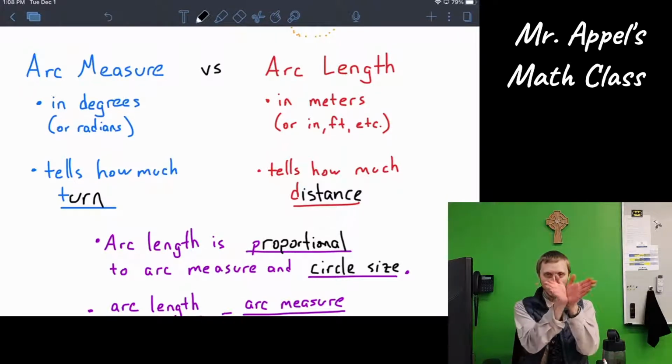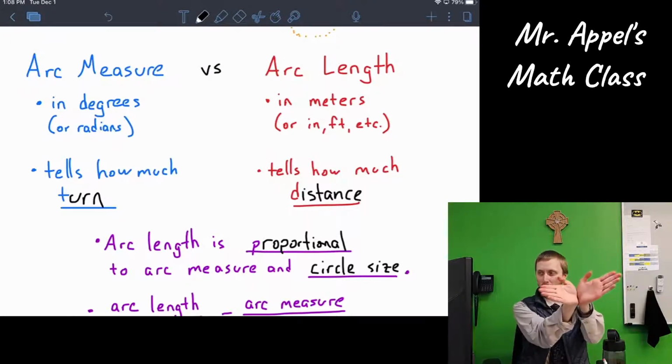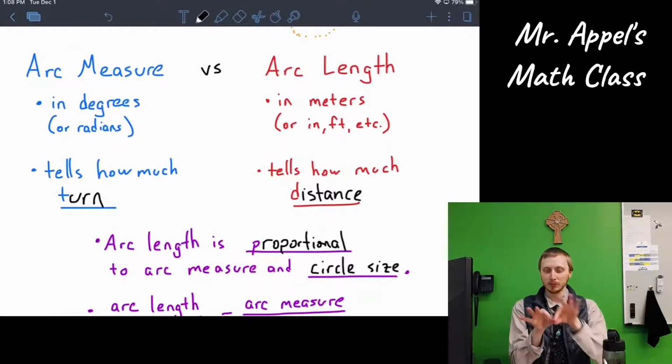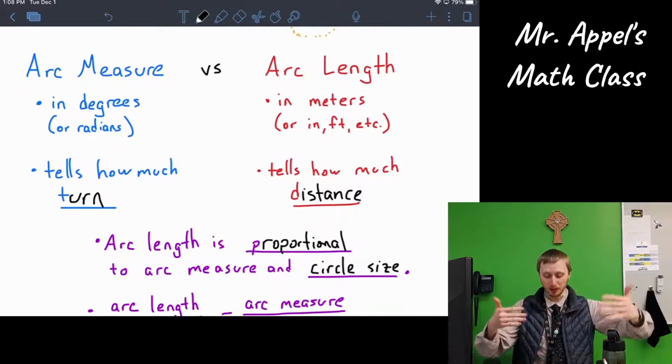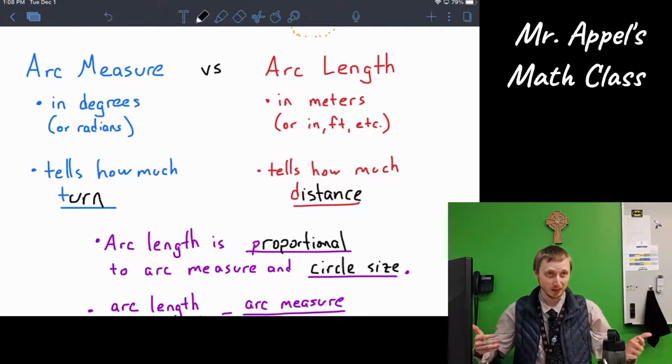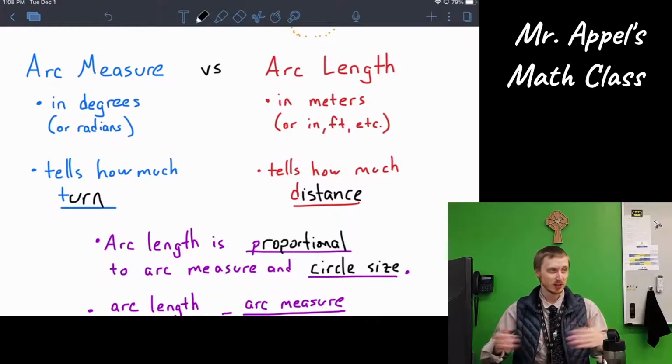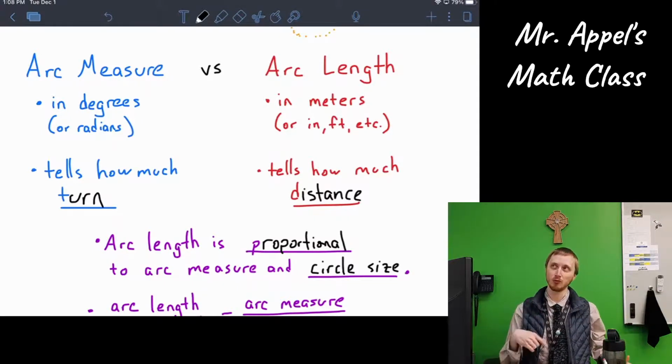So a larger arc measure, a wider and wider opening of that central angle, you're taking more and more of the circle, of course the length goes up. And if the circle itself is bigger and bigger, the arc length gets bigger and bigger. It's length, it's more inches, it's farther, I'm running around a longer track.